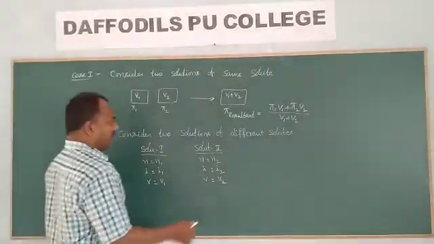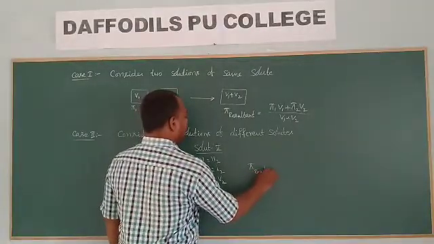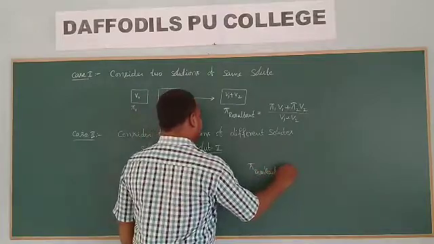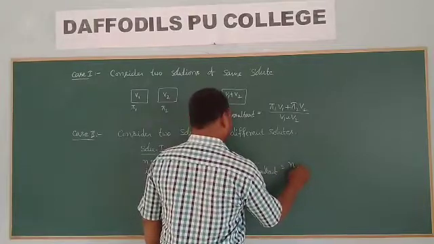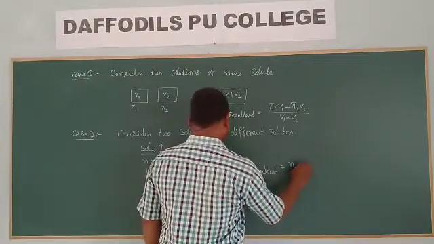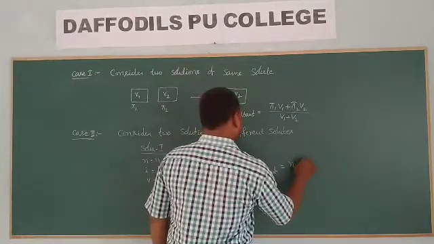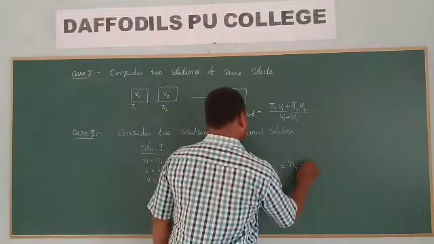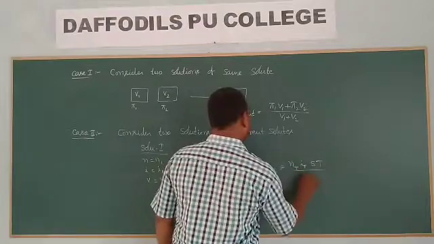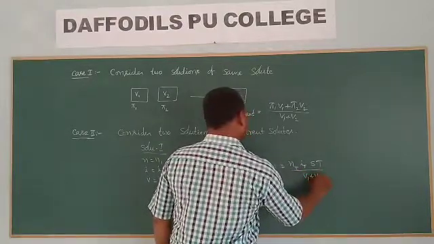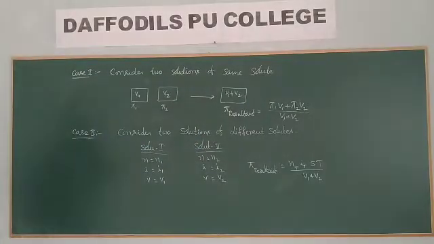Now these two solutions are mixed. Then the resultant osmotic pressure is equal to n total i total S T by V1 plus V2.